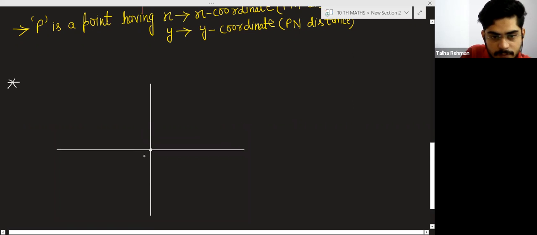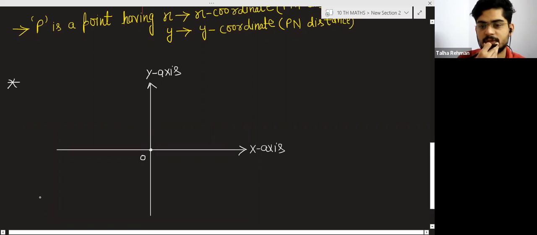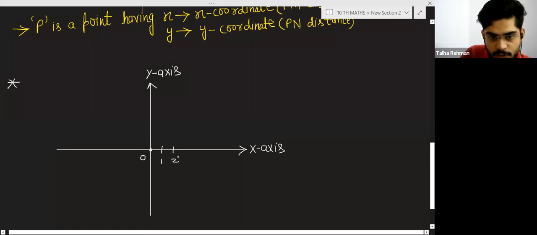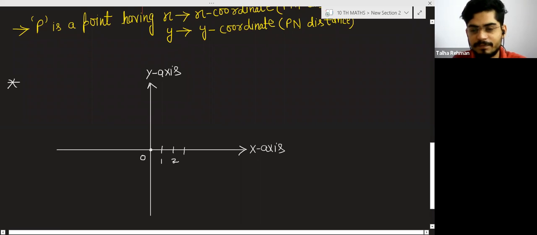This is origin, this is x-axis, this is y-axis, and I have told you the distance in this direction. We will take 1 to positive distance. Distance can never be negative, but you will take numbers with sign.